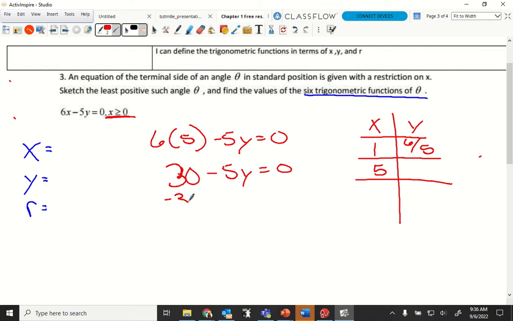Subtract 30. So negative 5y is negative 30. Divide by negative 5. y is positive 6.